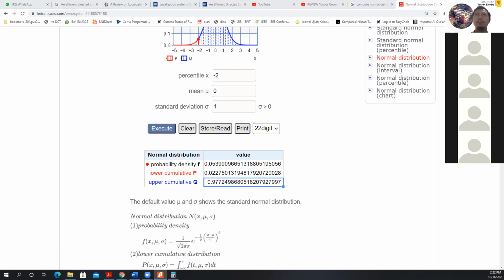The exact result is based on the computation.